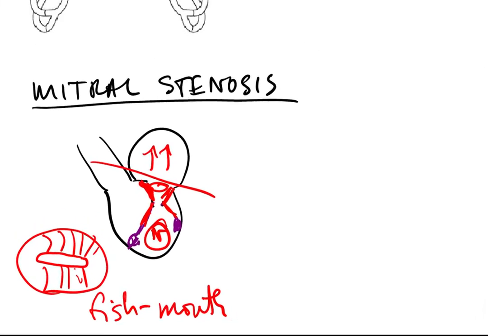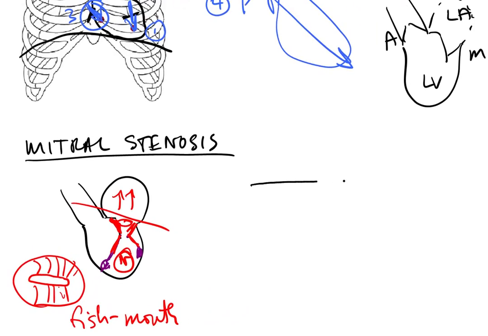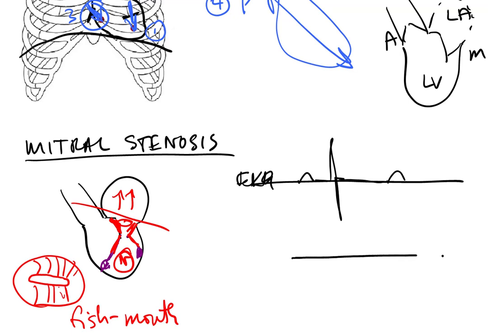So if we want to say, well, what would we hear on auscultation, we always want to correlate our murmur with the EKG. So here's our P wave, PR interval, QRS complex of ventricular depolarization to contraction, and then our T wave of repolarization. So if we then do our heart sounds and compare it to that, contraction is going to give us the S1 of the mitral valve, and just after repolarization, we're going to get the S2 of the closing of the aortic valve.